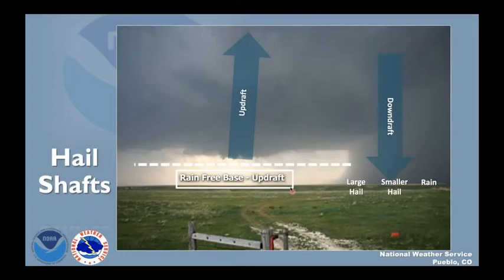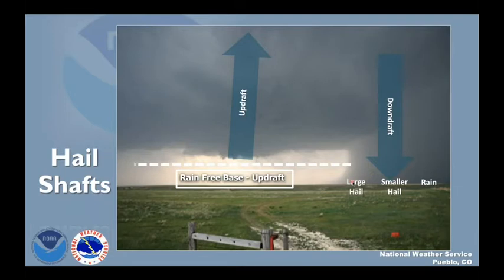Oh, there you go, the rain-free base. Again, if you're under or near a mesocyclone, really up close, this is what you should be looking for, because this rain-free base area is where the updraft is, and the downdraft is located just off, away from the updraft.